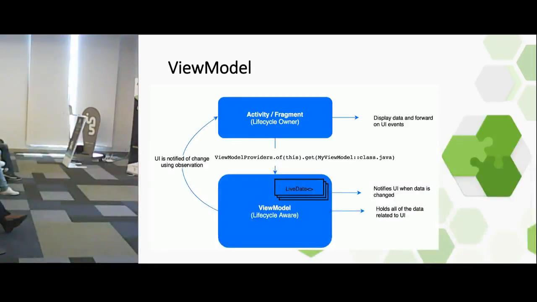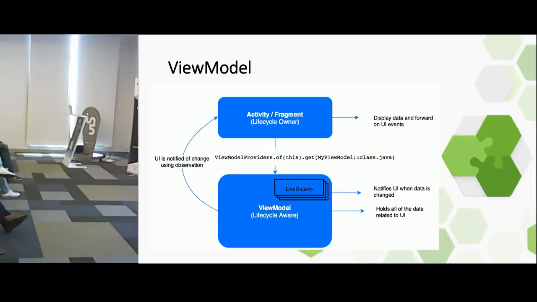Okay, let's pass to ViewModel. Things are getting much more fun, you're going to love this class. ViewModel was introduced for another lifecycle problem, as I said before. Here we see a ViewModel class which extends ViewModel, a lifecycle-aware component. ViewModel keeps the logic related to UI and all the data that UI needs in a lifecycle-aware way.